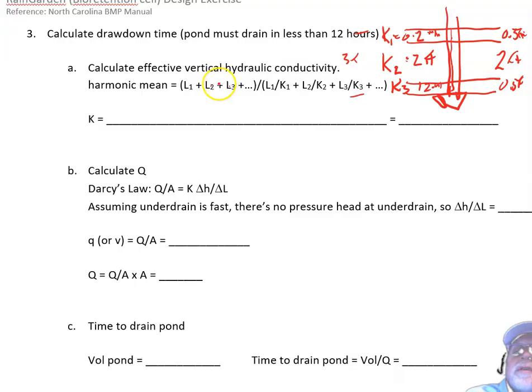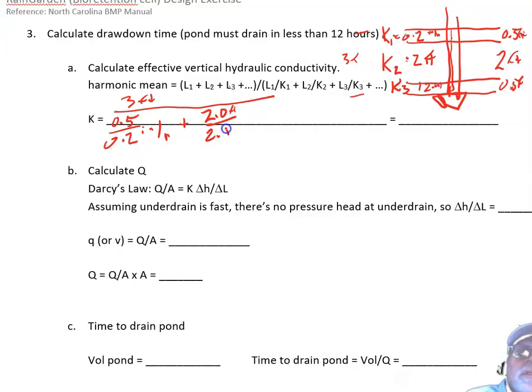L1 plus L2 plus L3 is 3 feet: 0.5 plus 2 plus 0.5 over, on the bottom here, we have L1 of 0.5 feet divided by its K of 0.2 inches per hour, plus the second layer, 2 feet, divided by 2.4 inches per hour, plus 0.5 feet divided by 12 inches per hour.